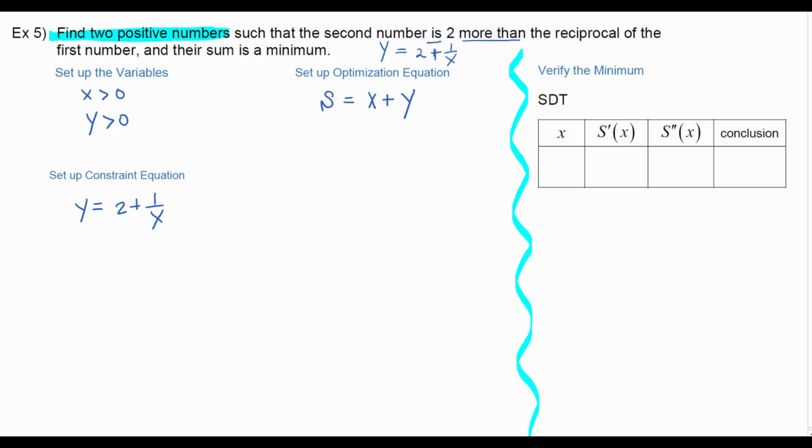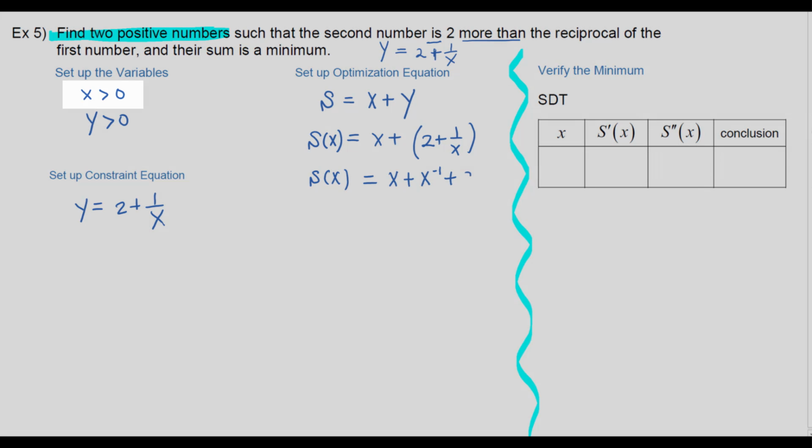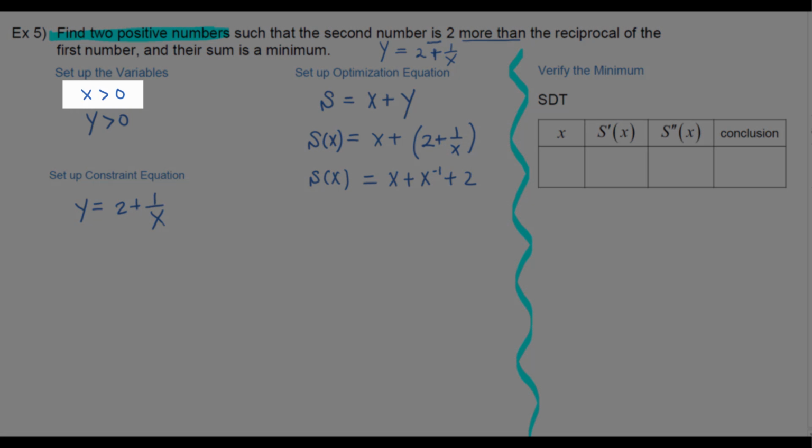So now I want my optimization equation to have only one variable. So we're going to, of course, replace y by 2 plus 1 over x. So then my sum function becomes a function of one variable x, and it will be equal to x plus y, which is 2 plus 1 over x. So my sum function, one more time, I'm going to rewrite as a power so that it's easy to take the derivative of. And my domain is x has to be a positive number, and it's written above already.